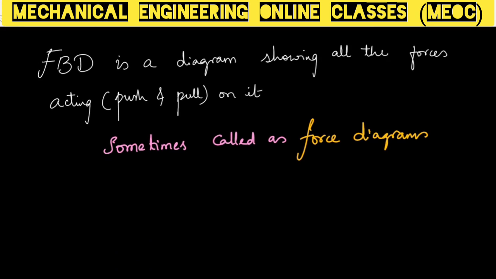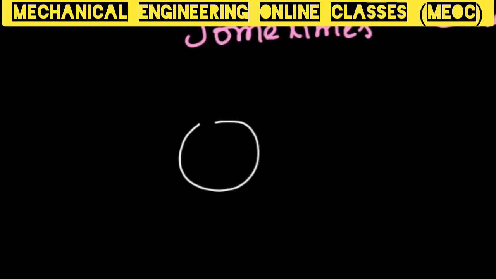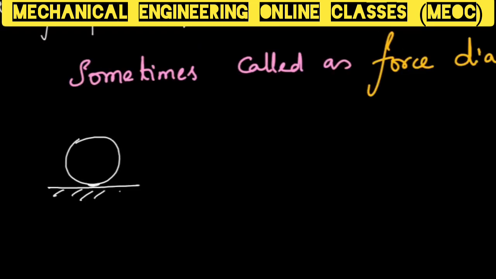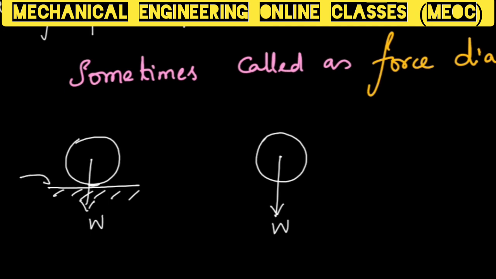For example, there is an object like this. If it has a weight force, the FBD of this object can be simply drawn as having a gravitational pull on it, and this support surface is replaced by a normal reaction, normal to this particular surface.